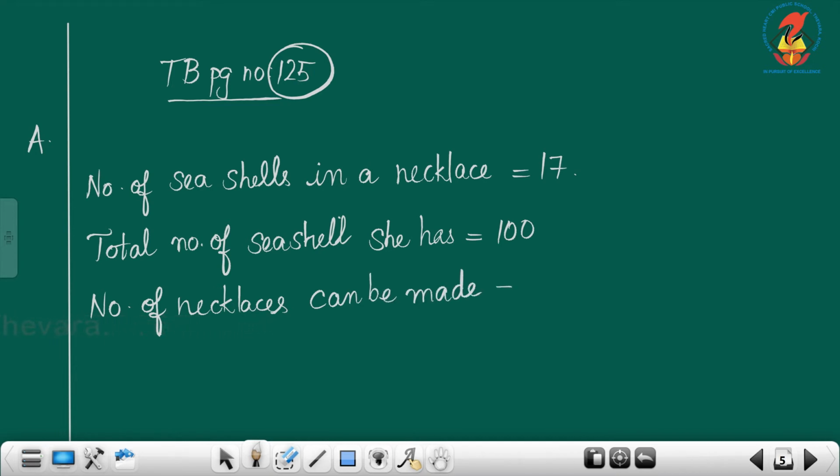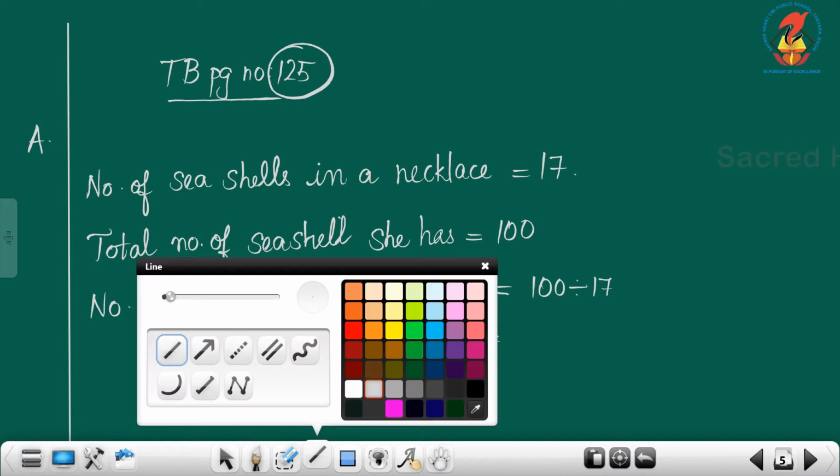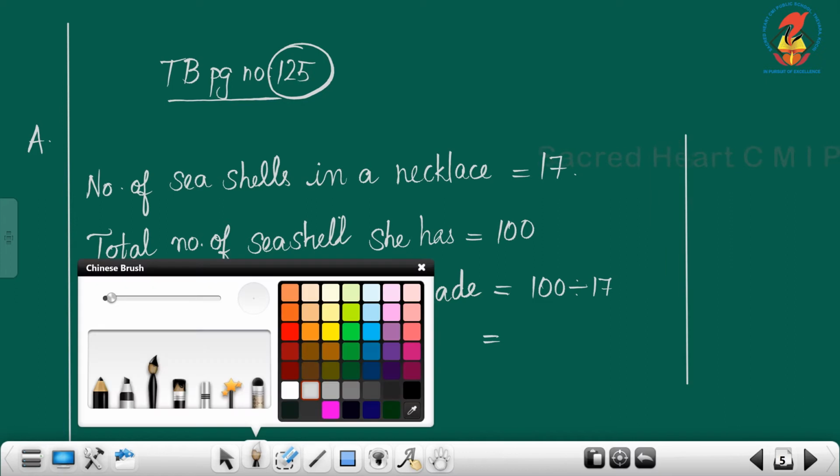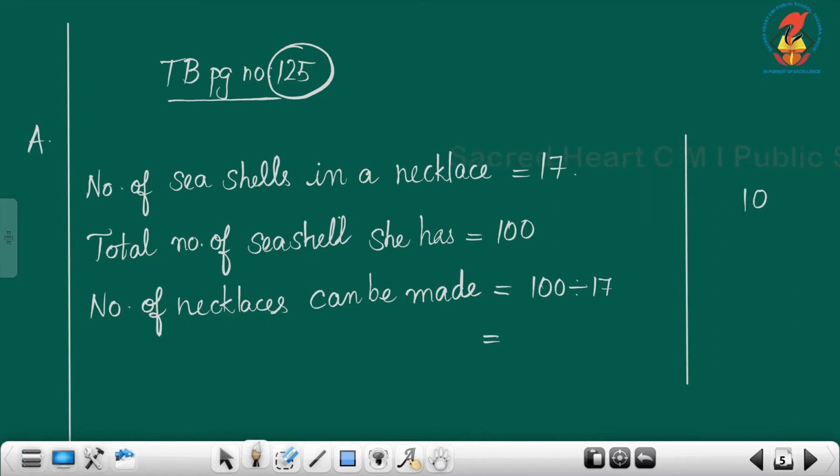It's 100 divided by 17. You can write 100 divided by 17.